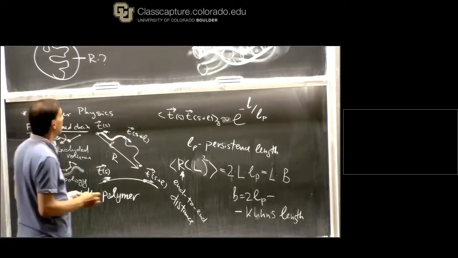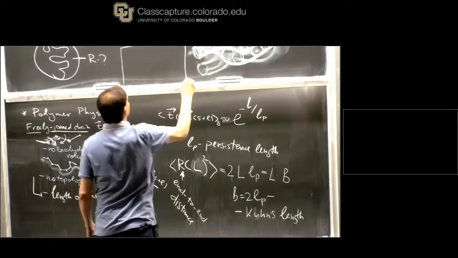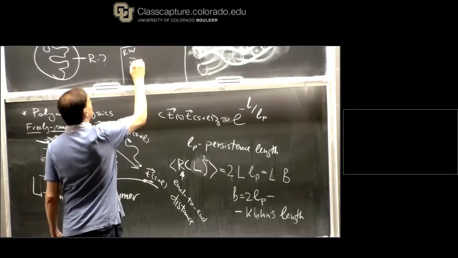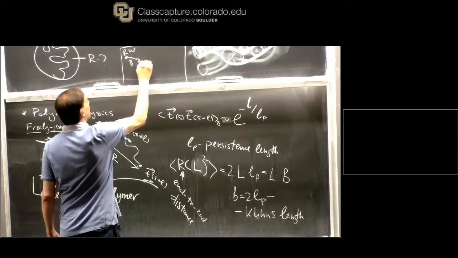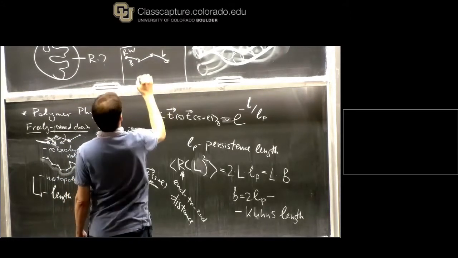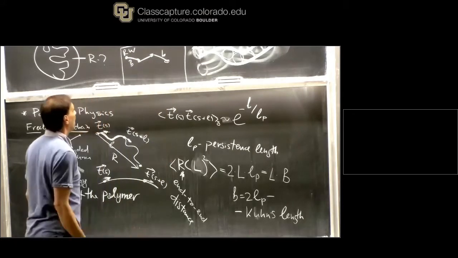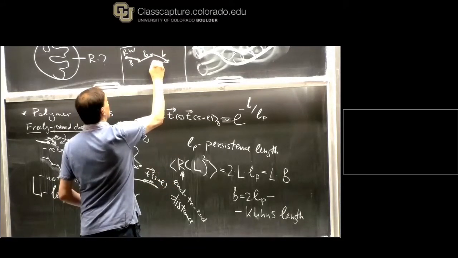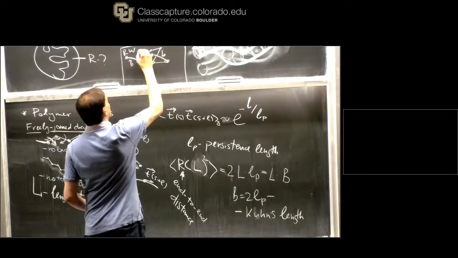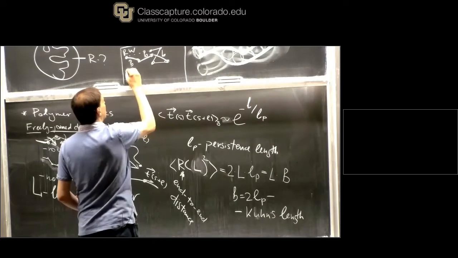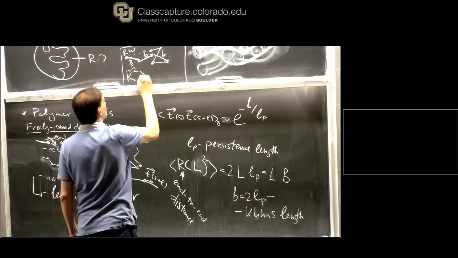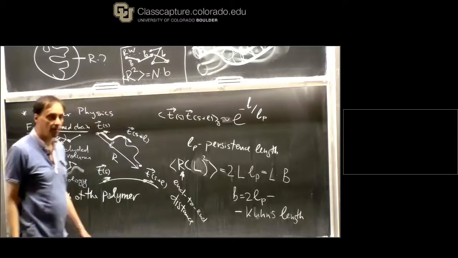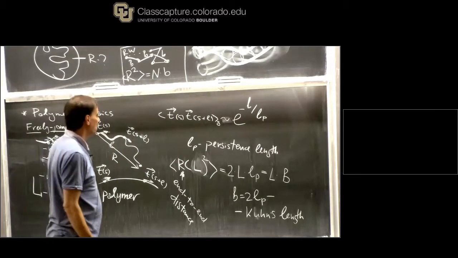As a side note, if I were to consider a random walk of monomers of length B, all of them of the same length B, and it's completely random, so it can go anywhere, then the end-to-end distance of this random walk, R squared average, will be n, the number of such segments, times B squared, sorry.